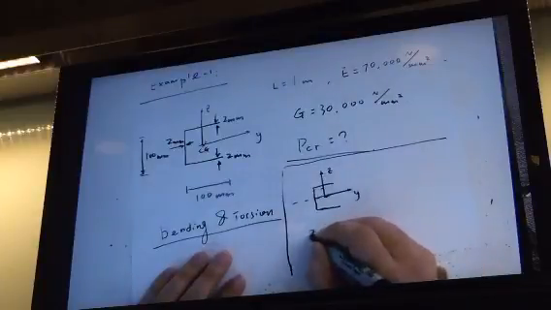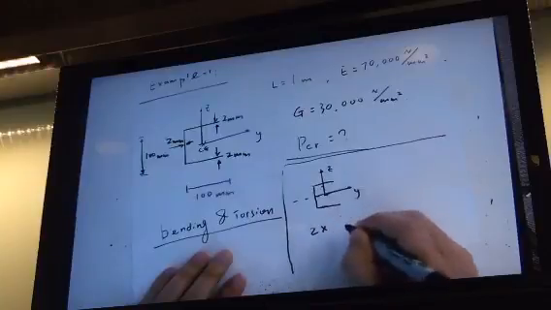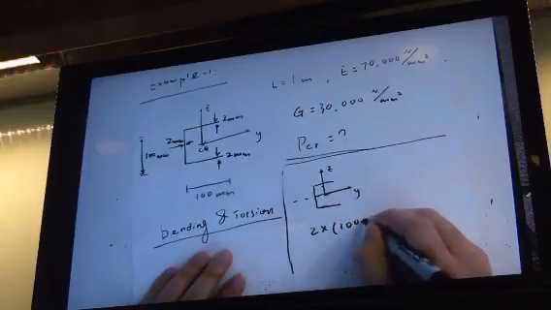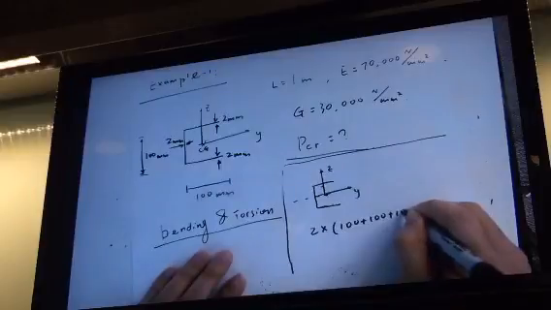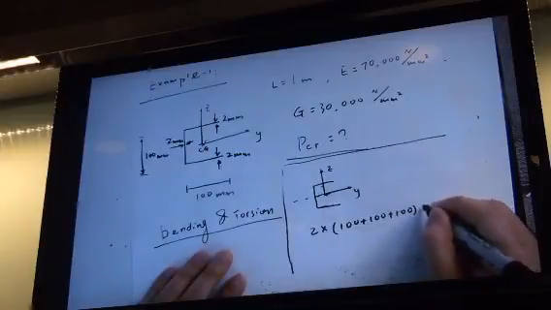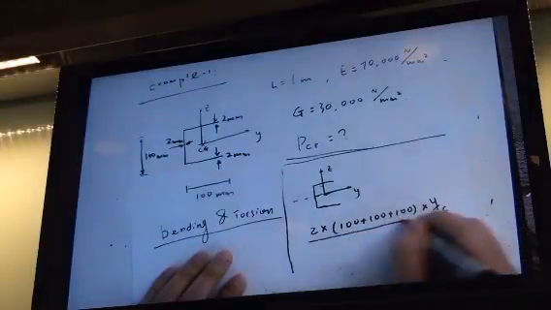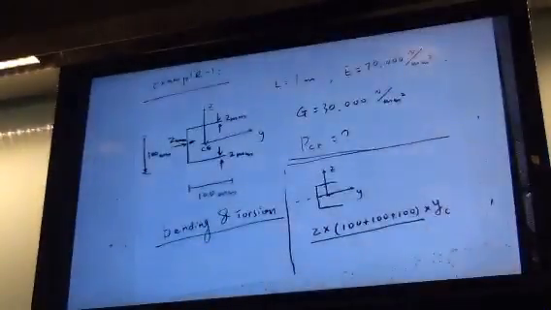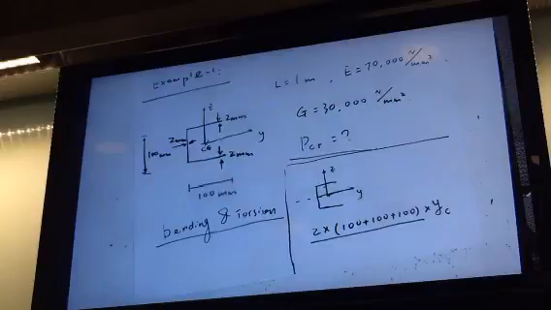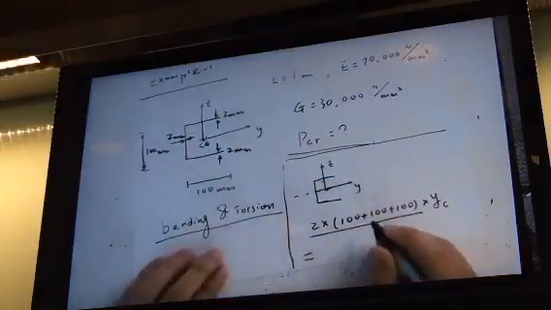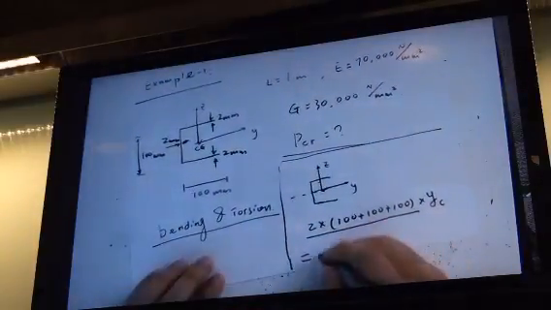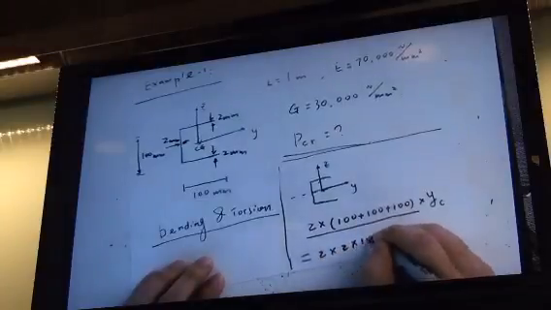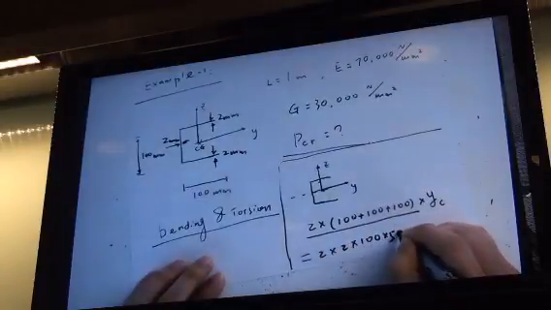I just wrote the equation for you. You did this many times, I believe. This is the total area: top flange, bottom flange, and web. Thickness times the length, 2 times 100, 2 times 100, total area. And then it equals the sum computed part by part, so 2 times 2 times 100 times 50.